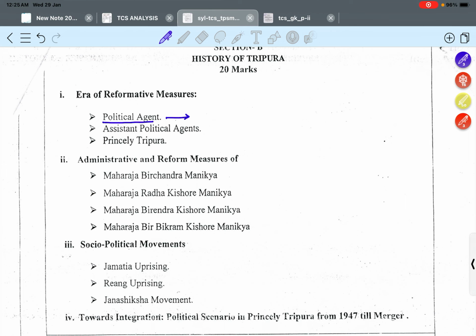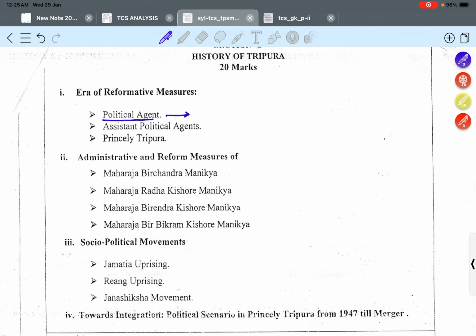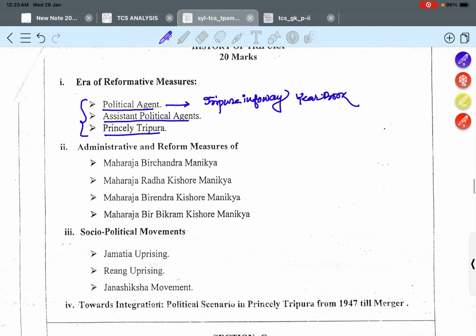So you can do that from Tripura Info yearbook. Same with assistant political agents, and princely Tripura also. These three topics you will do from the Tripura Info yearbook.